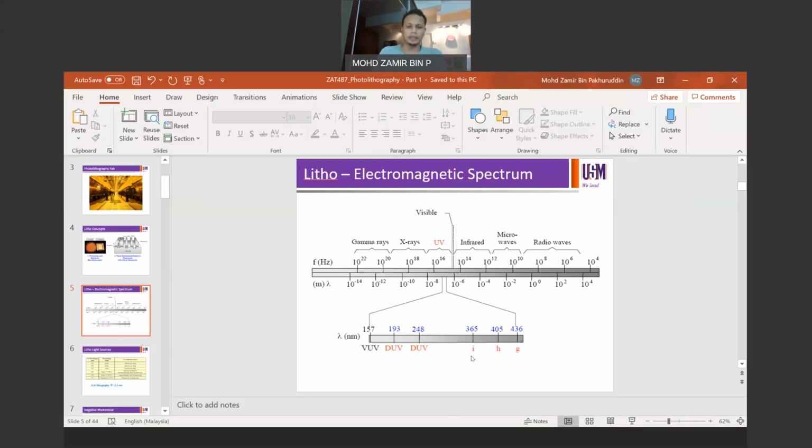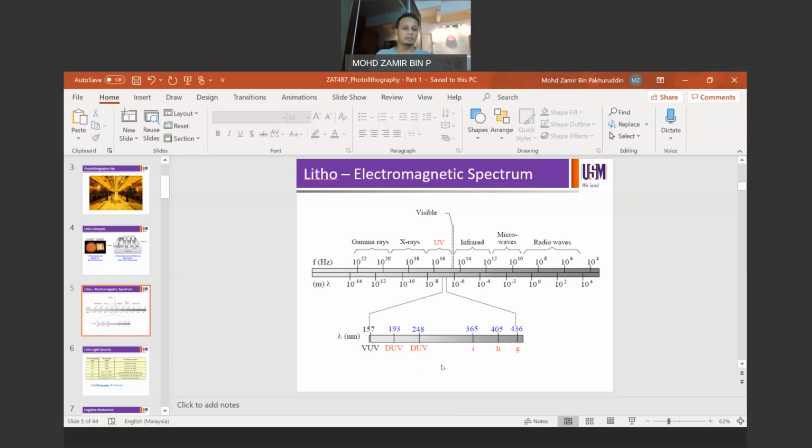I line is 365, and then a slightly more advanced version is called DUV, or deep UV, which has a 248 nanometer wavelength. Then this DUV evolved to another version of DUV, 193. And then we also have ARF 193, which uses argon fluoride as the light source at 193. And we also have 157.